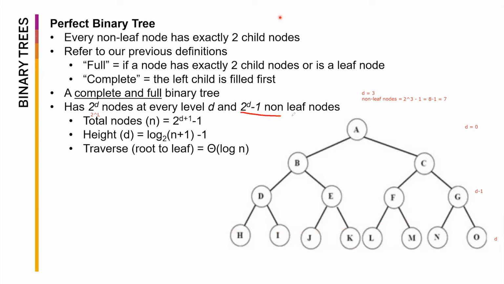So if we have 2 raised to D minus 1, and we have 2 raised to D nodes at every level D, how do you think we arrived at 2 raised to D plus 1 minus 1?